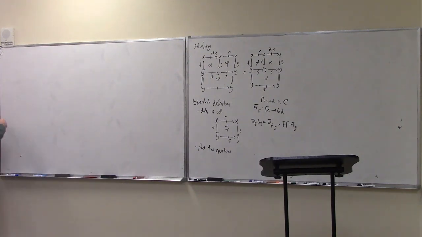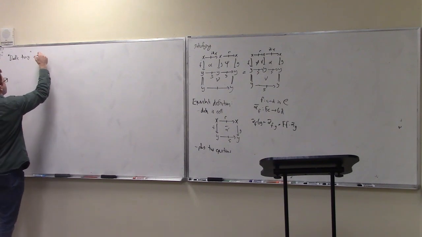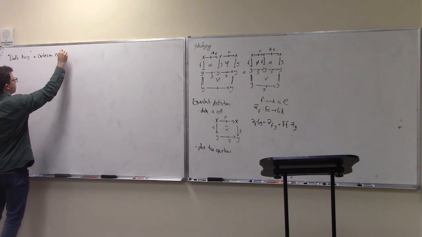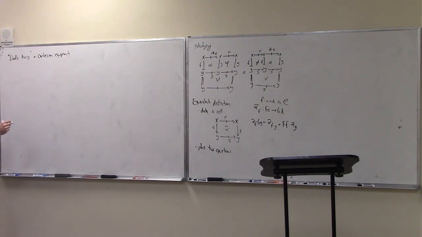So the short version is that I want to say that a double theory, terminology work in progress, is a Cartesian equipment. What is that? Basically, this has two components.